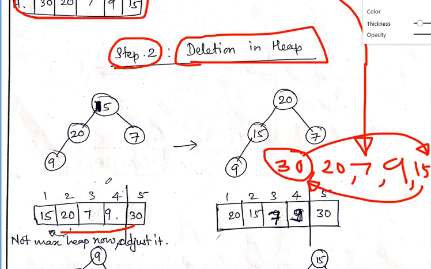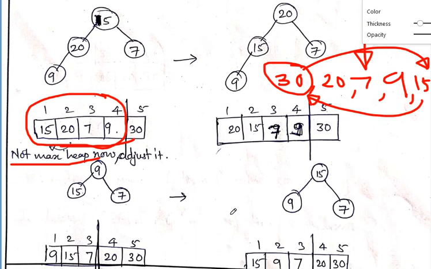But again, whatever elements we are observing here are not satisfying the max heap criteria. So in order to satisfy the max heap criteria, we need to rearrange these elements. Here 20 will be swapped with 15 because its parent should be greater.